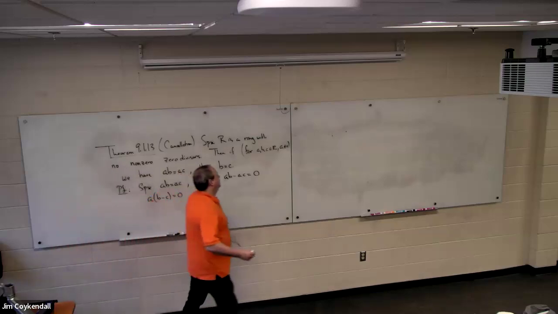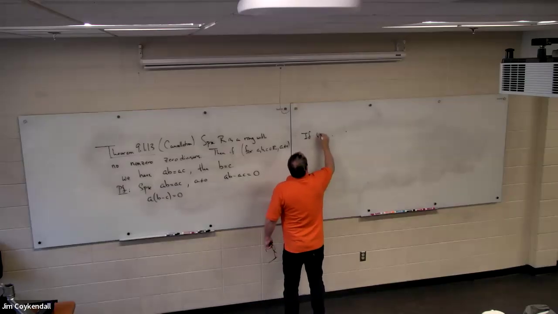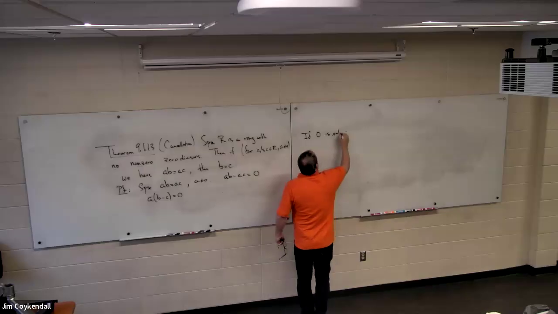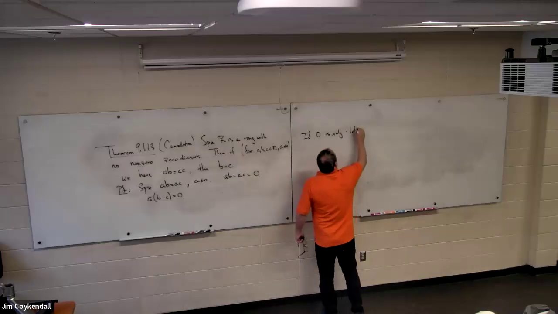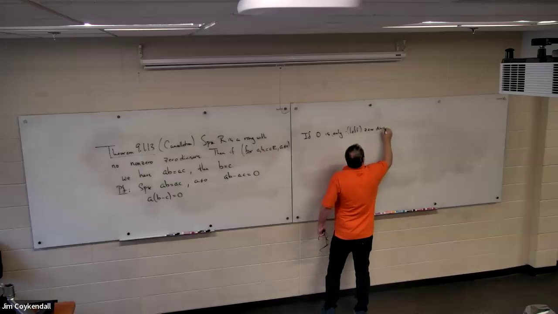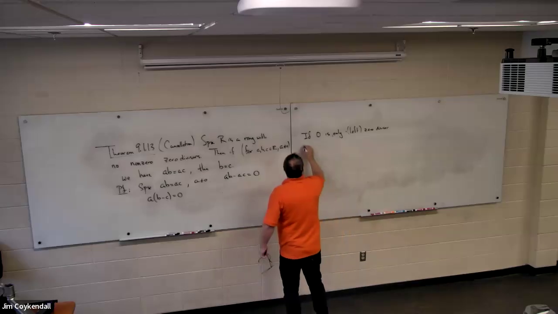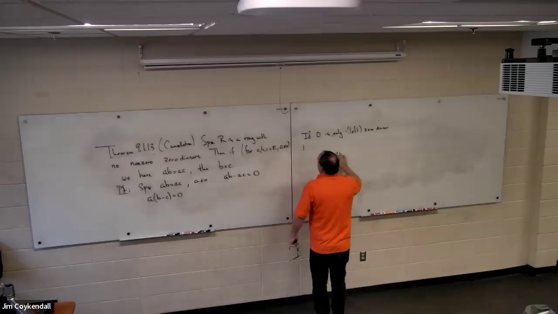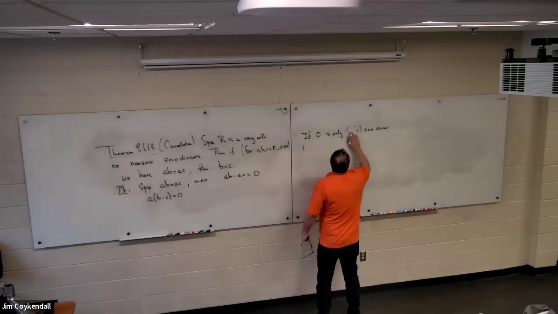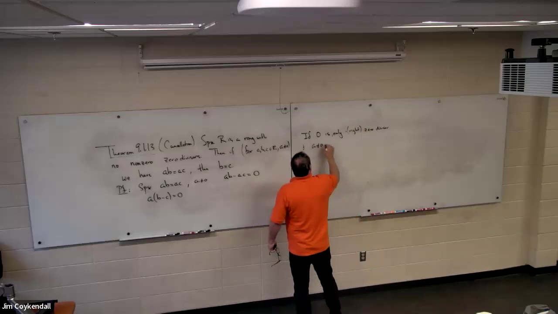So if zero is the only left zero divisor, well, actually I guess right, because that would be a zero divisor, and A is not zero.